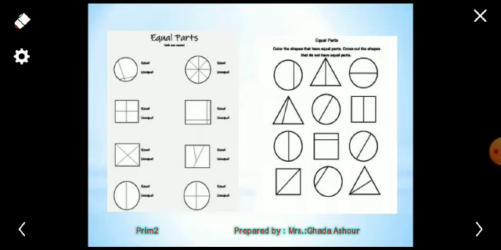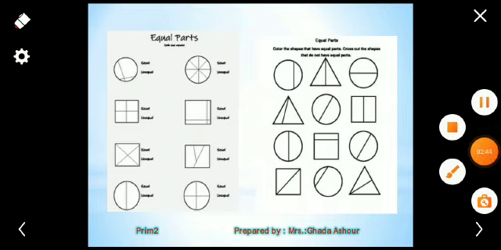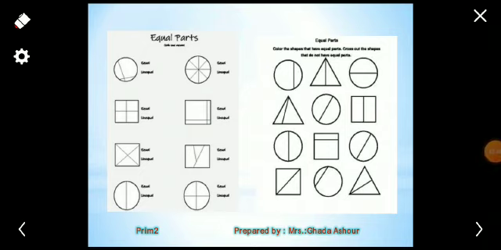Yes, that triangle is divided into two unequal parts. What about that? The circle is divided into two equal parts. What about that square? Yes, that square is divided into two equal parts. Okay, so color it. And color the circle, of course.